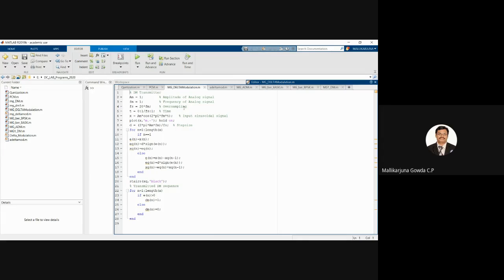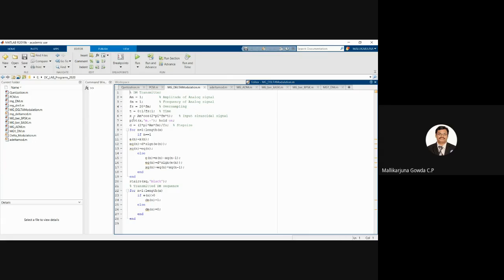Yes, this point is clear. So I defined the amplitude of the analog signal, and the frequency of the analog signal. Then I am doing the oversampling, so for that I write Fs is equal to 20 times FM. Then this is the time axis, right? 0 to 1, it will increment in terms of 1 by Fs or Ts.